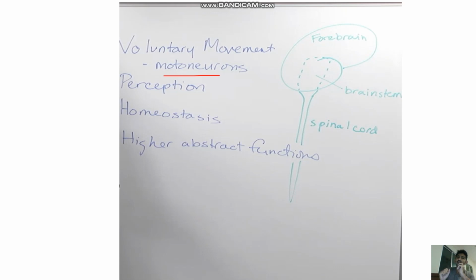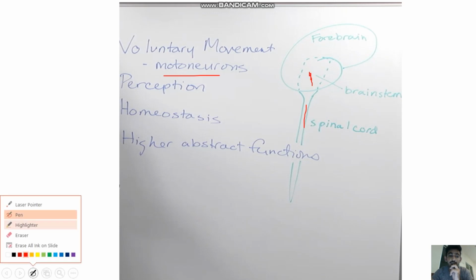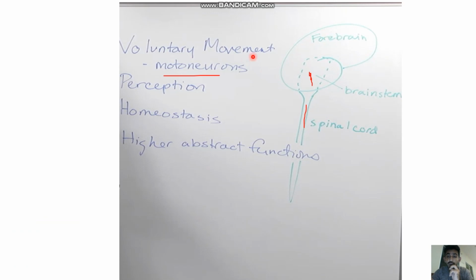Now, where are your motor neurons found? Your motor neurons are found in your brainstem and spinal cord. There are no motor neurons in the forebrain.